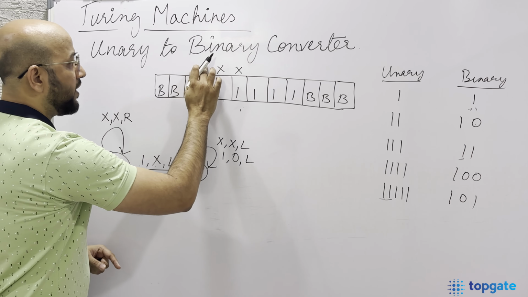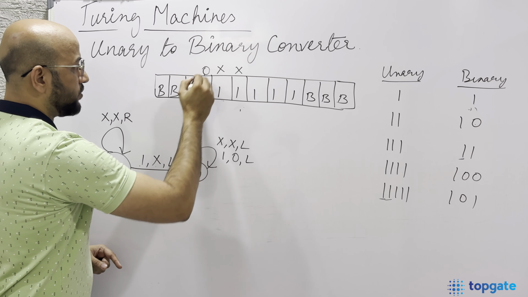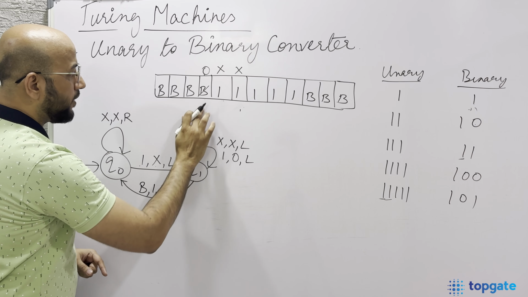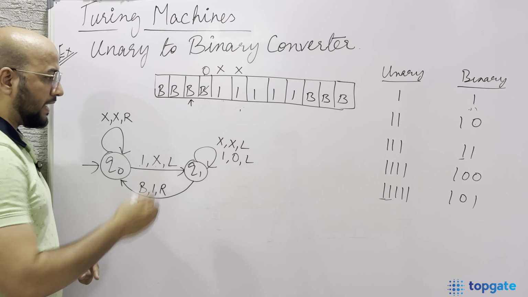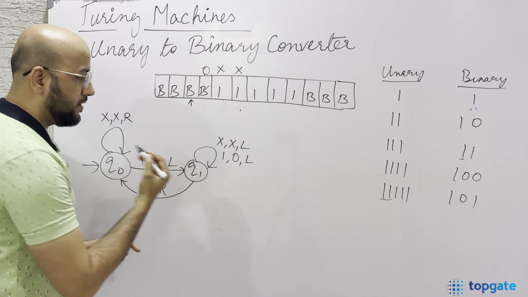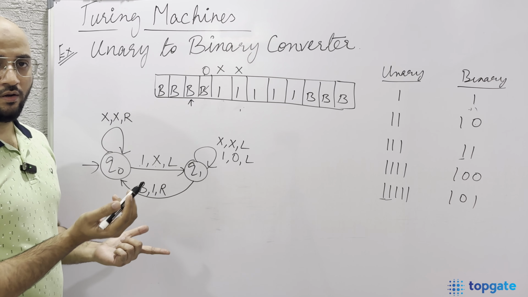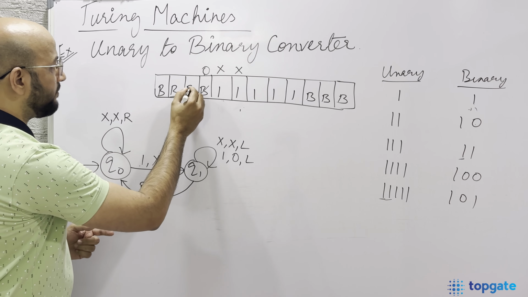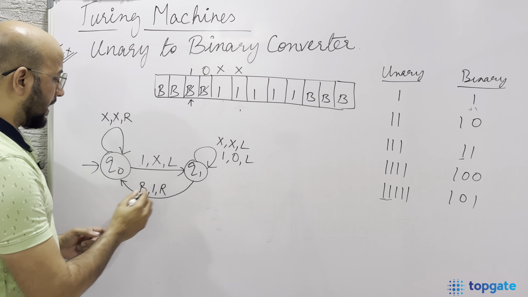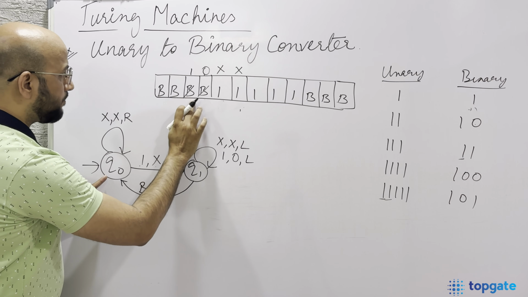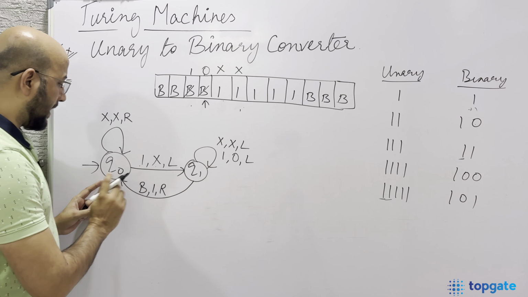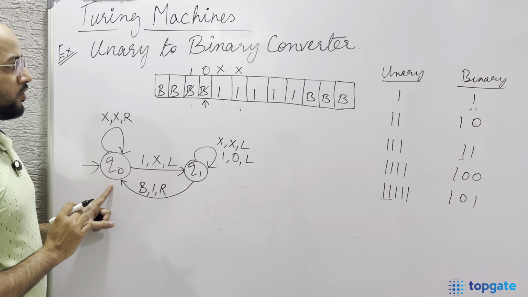So this 1 will be changed to 0 and the pointer will now point on to this blank. Okay, and I'm at state Q1, and the machine knows that when you see a blank, you change it to 1. Correct? So this B will be changed to 1 and the pointer will point on to this 0, and I am at state Q0 right now.